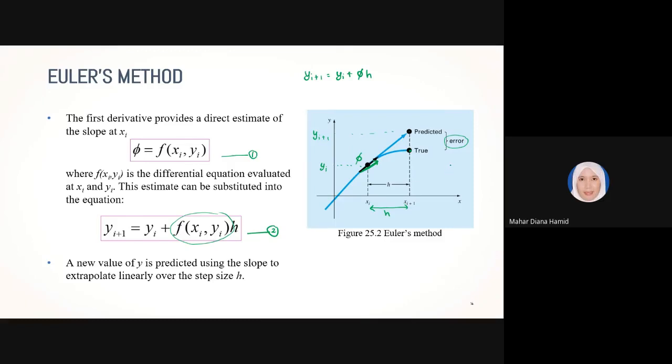And as you can see, the error is quite big, and this is why we don't really use Euler's equation to do mathematical or engineering problems later on. But it's a good method to start with, actually.